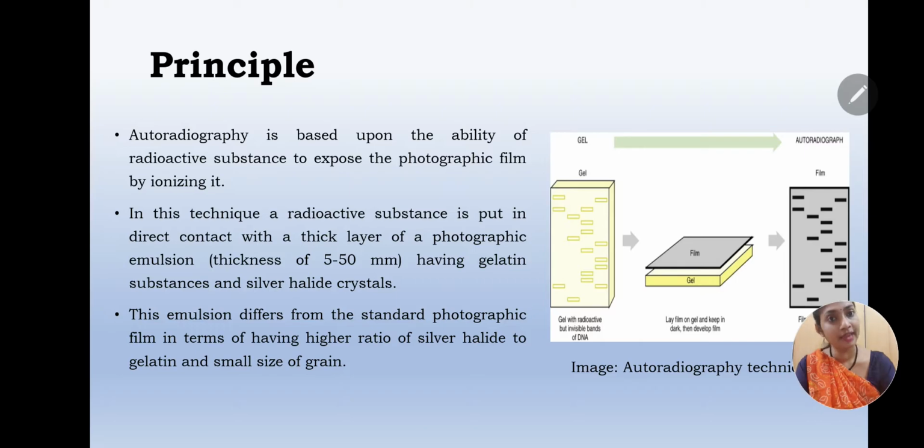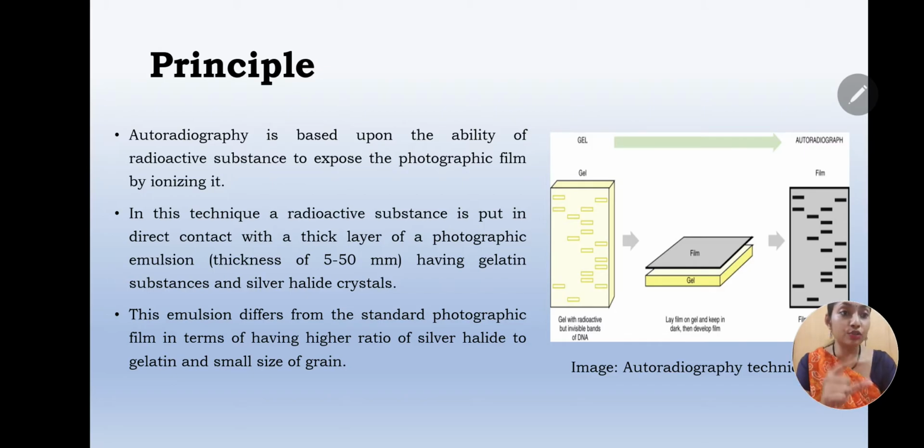The thickness can vary from 5 mm to 50 mm, which has gelatin substances and silver halide crystals. Basically the photographic emulsion is made up of mostly silver halide and gelatin substance. The emulsion differs from the standard photographic film in terms of having higher ratio of silver halide to gelatin and small size of the grain.